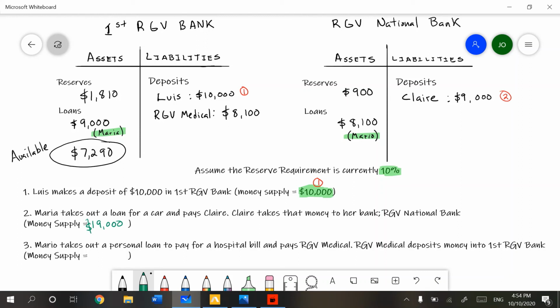Mario took out a loan and paid RGV Medical, and RGV Medical deposited that money into their own bank account, seen here. So now, Luis has money, Claire has money, and RGV Medical has money. So what is the money supply in this economy?